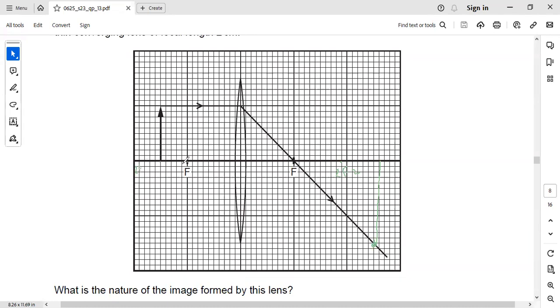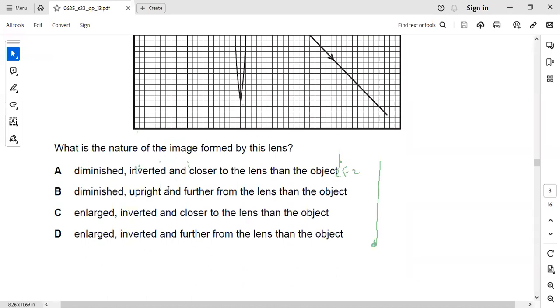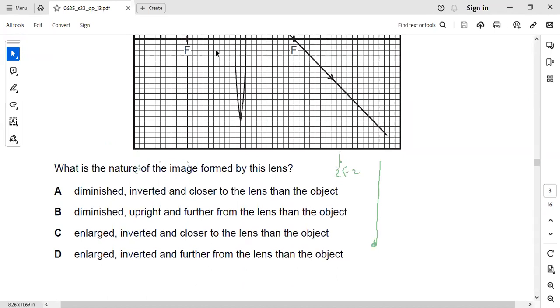When the object is between 2F and F, the image created will be inverted, enlarged, and beyond 2F. The image is not at all diminished. It is enlarged, inverted, but not closer. So the right answer is D. It is enlarged, inverted, and further from the lens than the object.